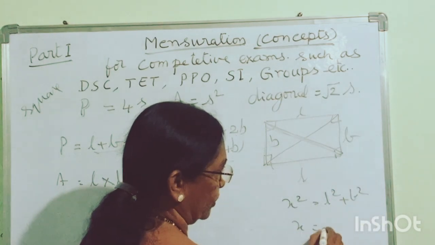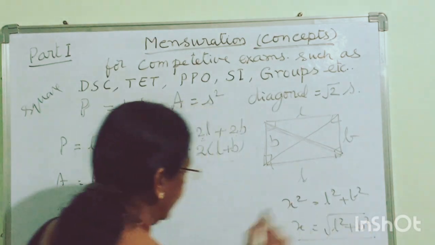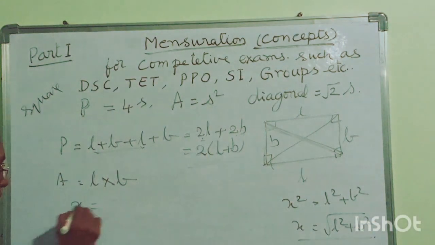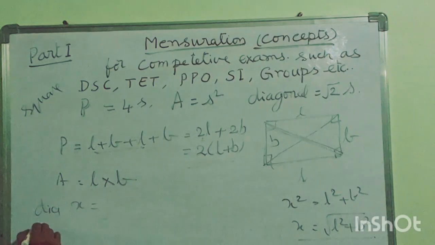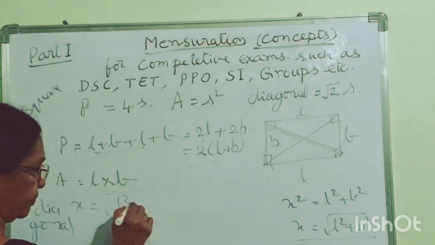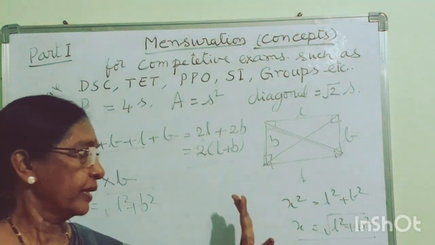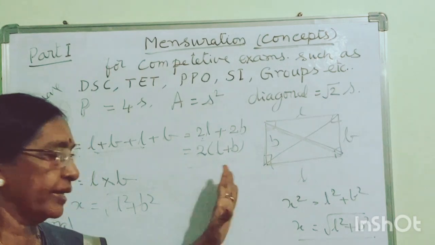So x is equal to square root of L square plus B square. Thus the diagonal of a rectangle is equal to square root of L square plus B square. These are all the concepts of a square and a rectangle.